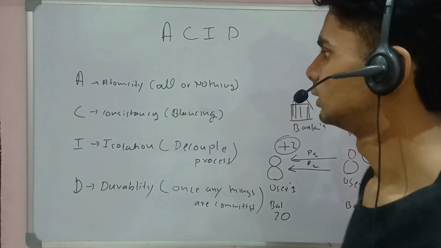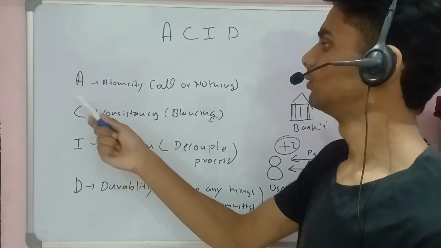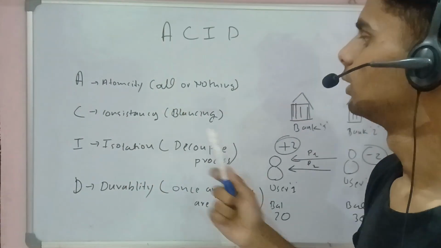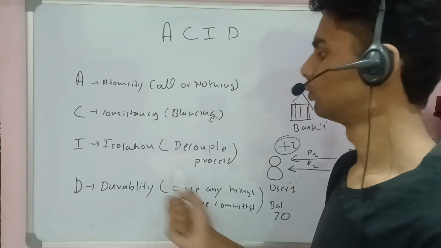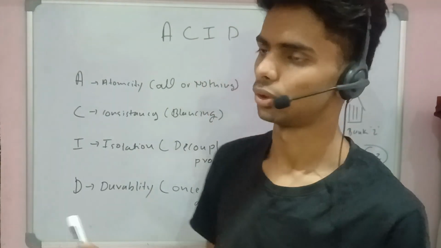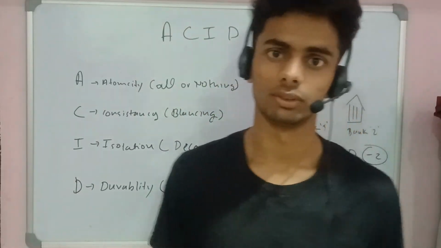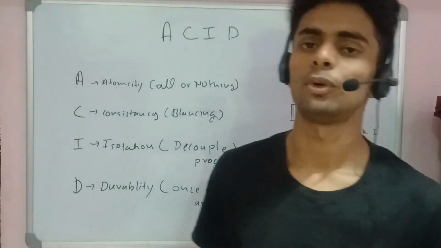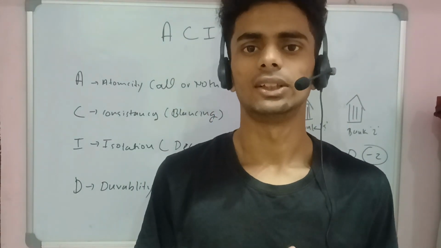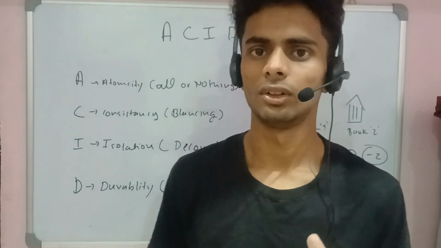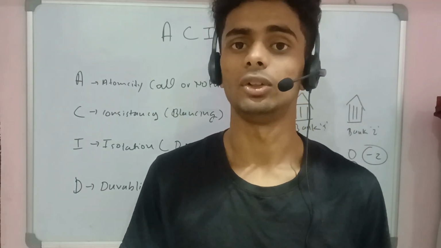What is ACID? ACID stands for A for atomicity, C for consistency, I for isolation, and D for durability. Let's try to understand how it actually works. When we talk about atomicity, it means either all or nothing. Suppose you want to send money from one person to another.